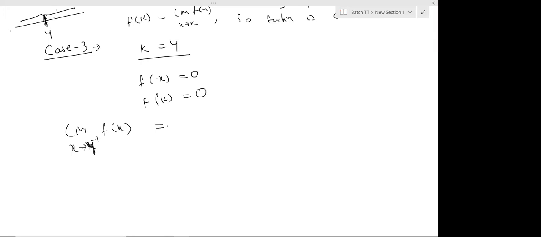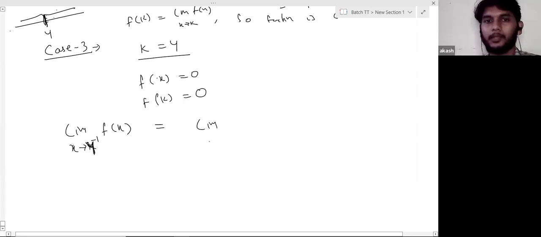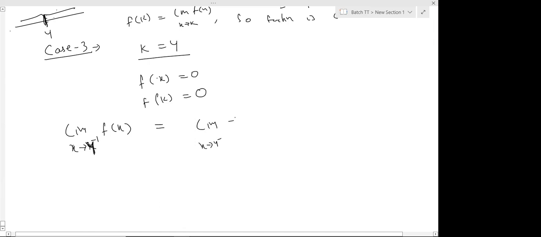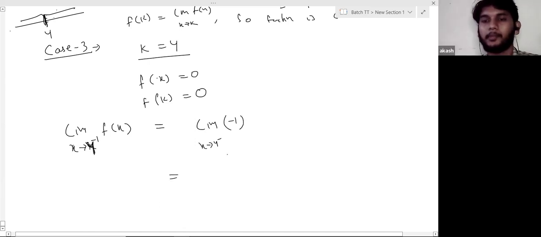So what will be f of x? -1. So this will be limit as x tends to 4 minus of -1. So what will be the limiting value? -1, right? The limit of a constant is the same, independent of x.